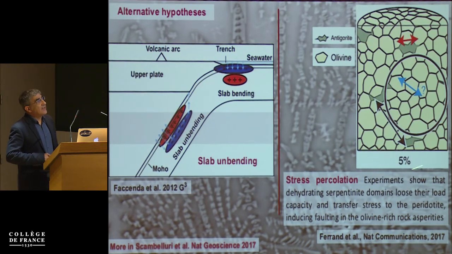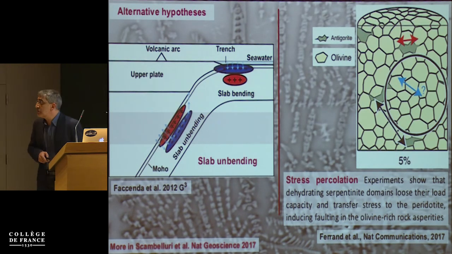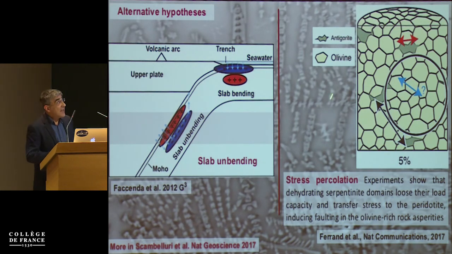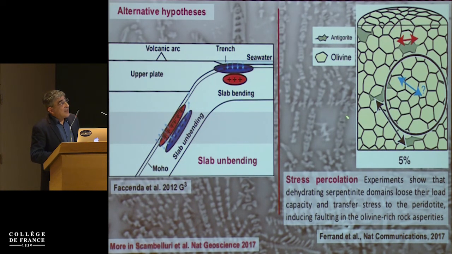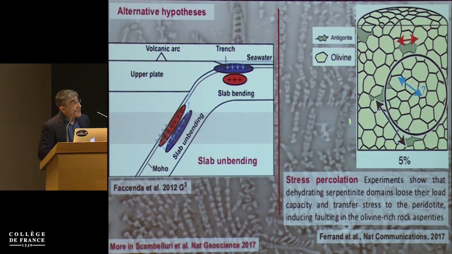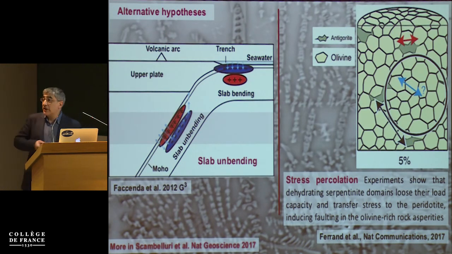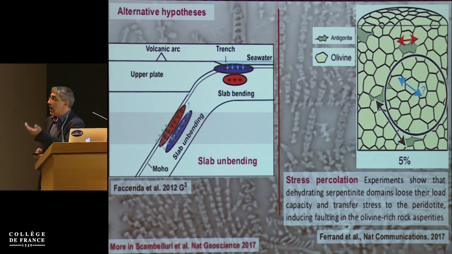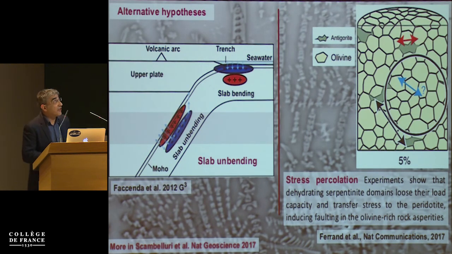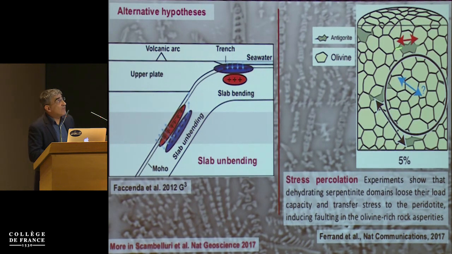So what I was saying, this is the starting material used by Thomas Ferrand in his experiment, and he chose a starting material with a few percent antigorite, 5% by volume, and this is similar to what we observed, for instance, in the distribution of hydrated domains within the dry Lanzo peridotite or oceanic lithosphere. So more or less they're the same proportions or comparable. Thomas tried to relate the dehydration of antigorite to the seismic behavior of his samples.